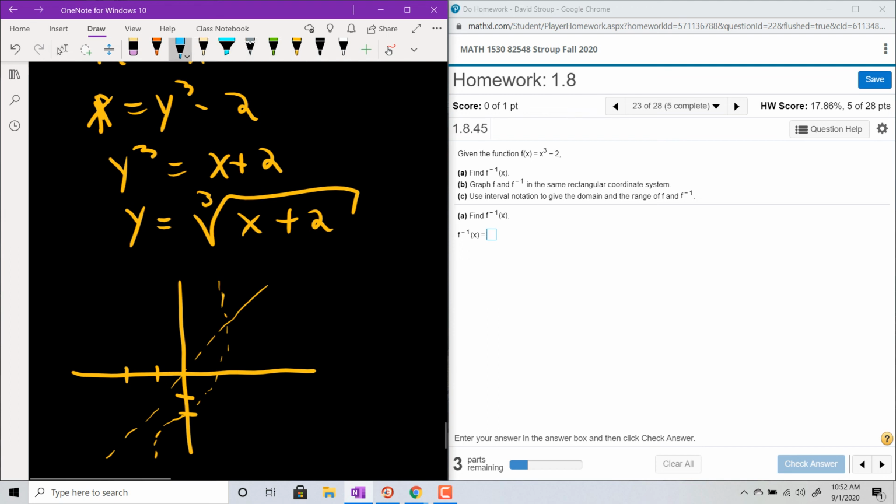It's going to look like this. Right? And then the domain and range, it looks like the domain is all real numbers, the range is all real numbers, and etc. They're all real numbers for all of them.